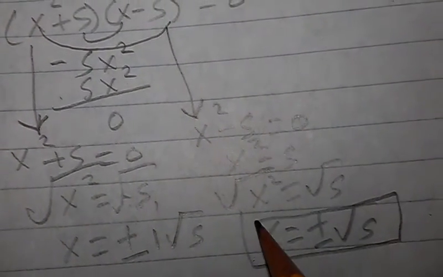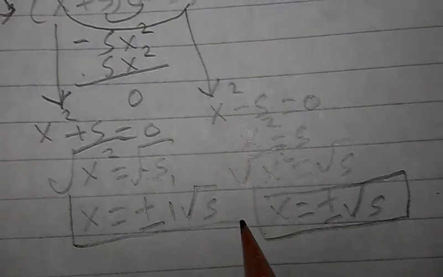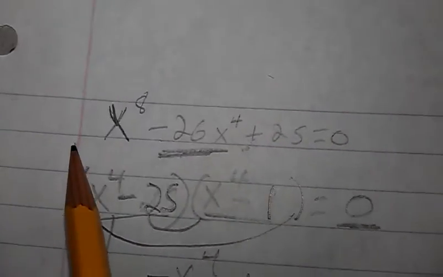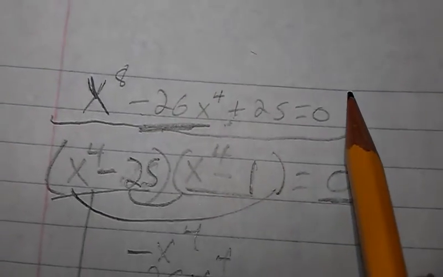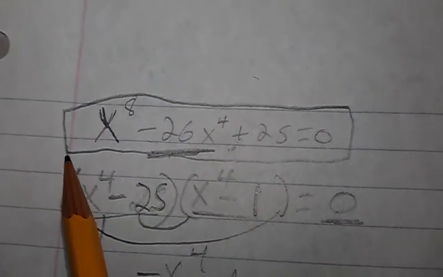So these are my two solutions to this equation up here. And that's called factoring by grouping. Of course, this is part 1 of factoring by grouping.